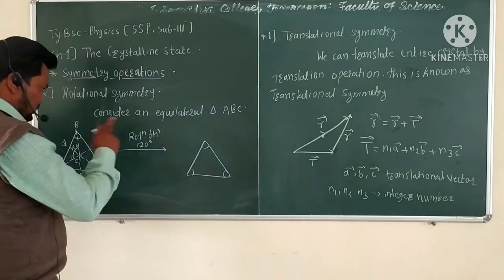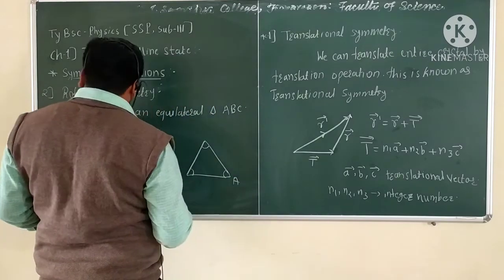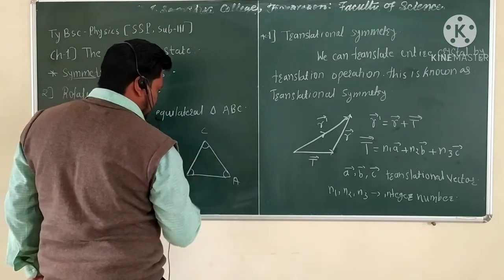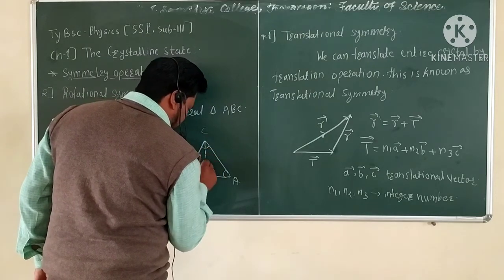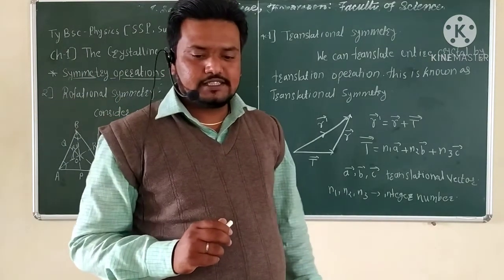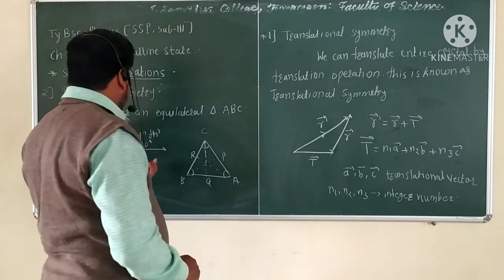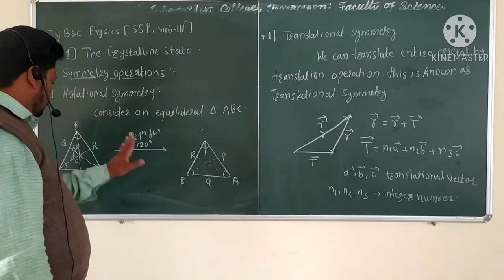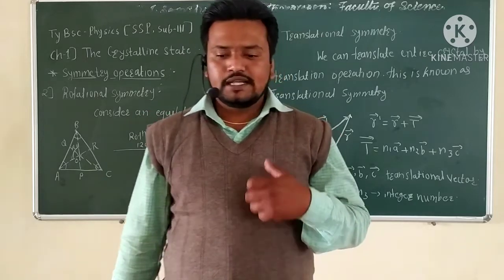Consider rotation by 120 degrees: point A goes to this position, point B comes to this point, and point C comes to this point, and the other points PQR change as well. Only the vertex positions change, but whatever symmetry is there remains as it is.